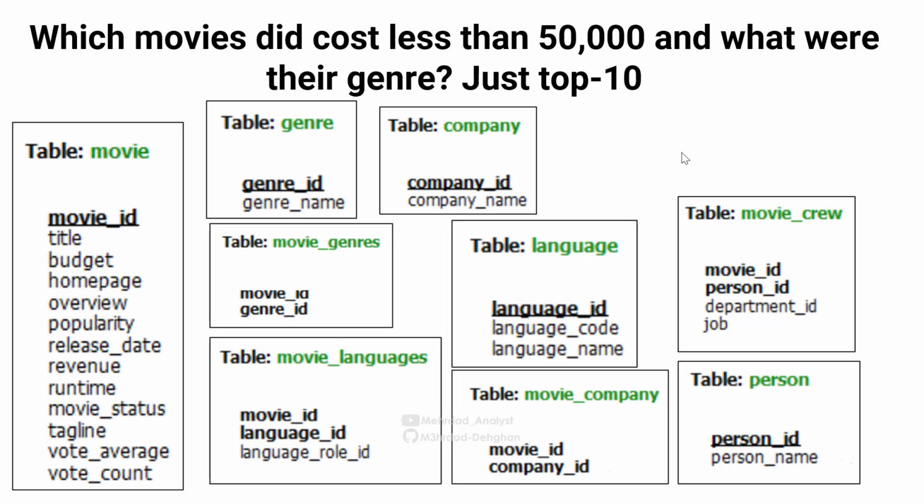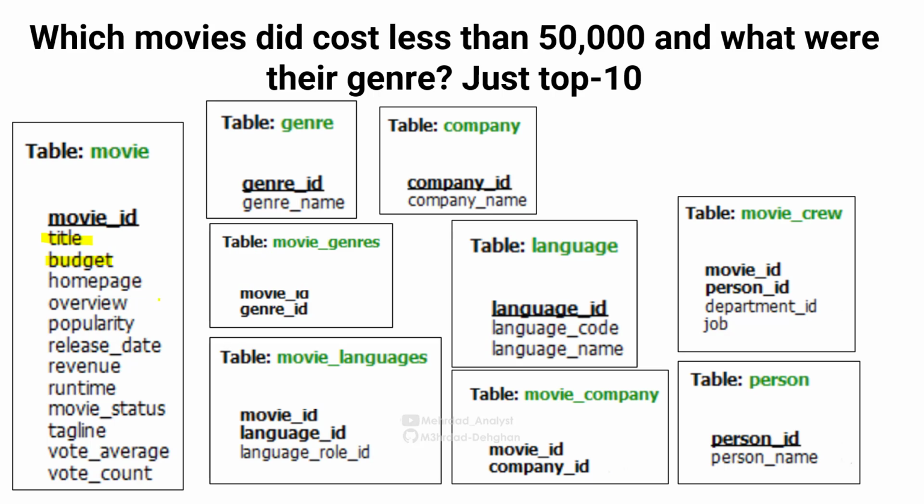The next question is asking which movies did cost less than 50k and what were their genre? Just top 10. First of all, I should have title from movies and their budget, because we are talking about the cost, 50k.